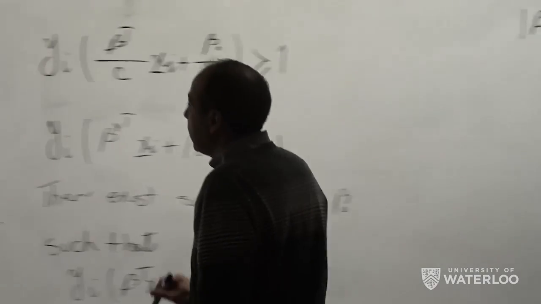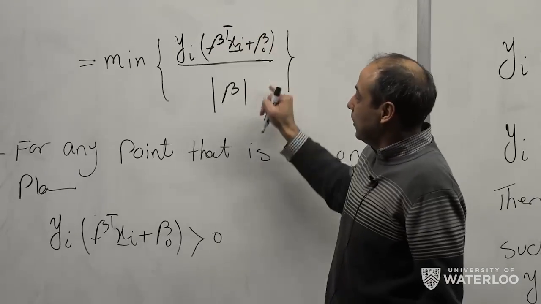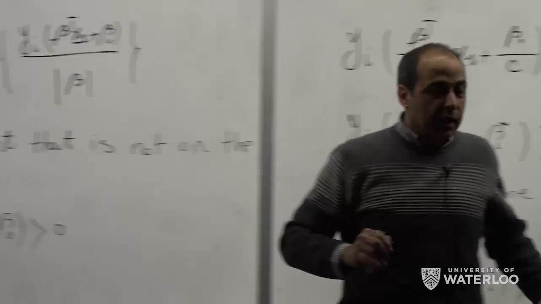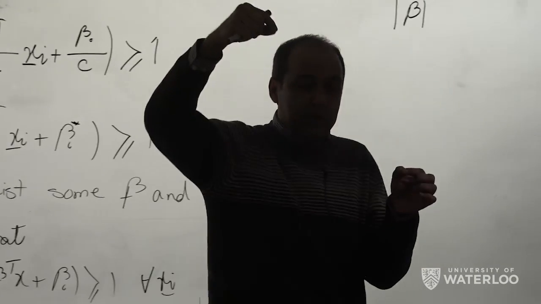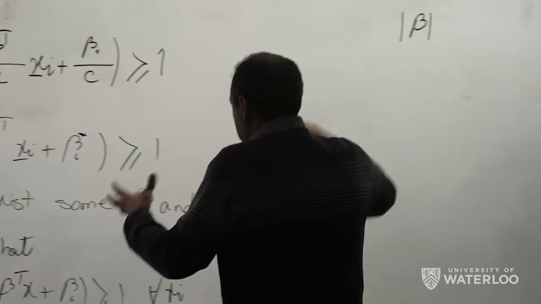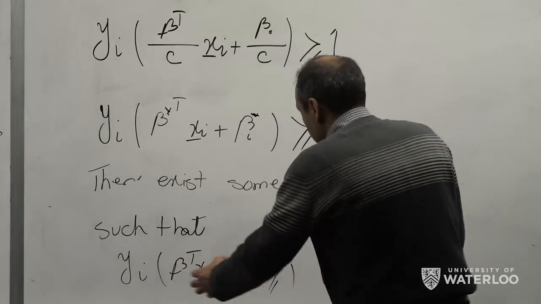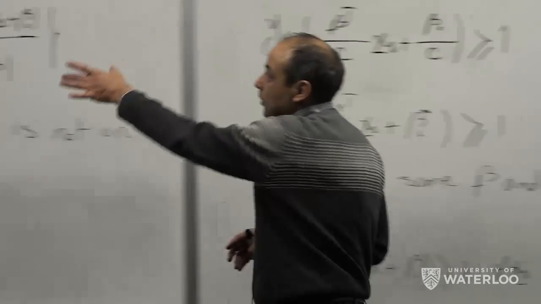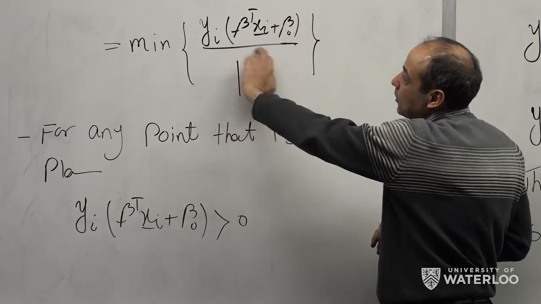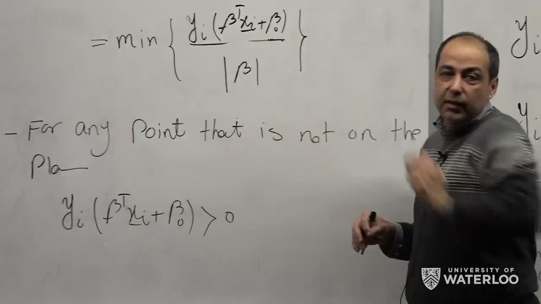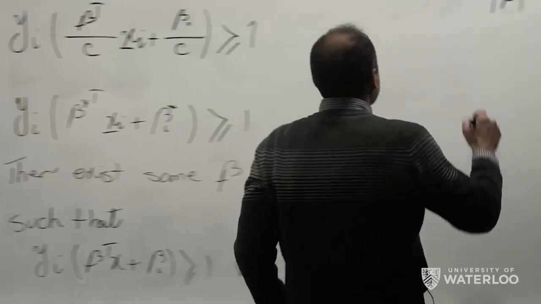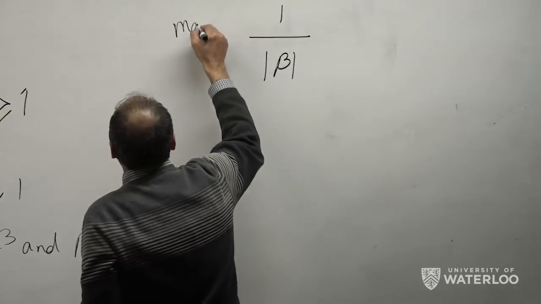If I want to minimize this quantity, this should be small, this should be large. If you fix a hyperplane, give me a hyperplane with these properties, then this is at least 1. I would put it here. So the margin would depend only on beta. So that's going to be my margin.